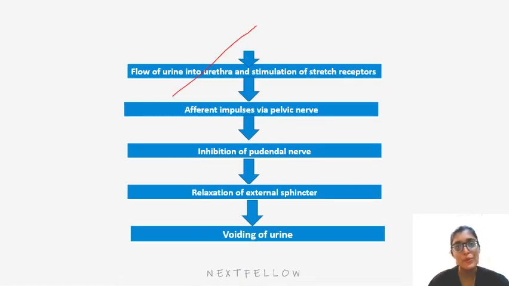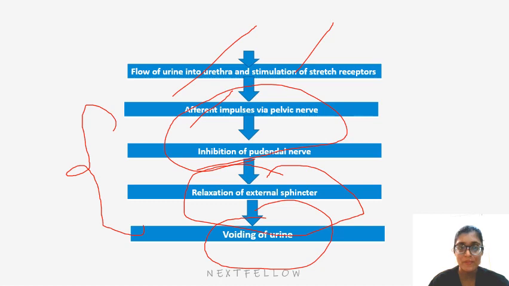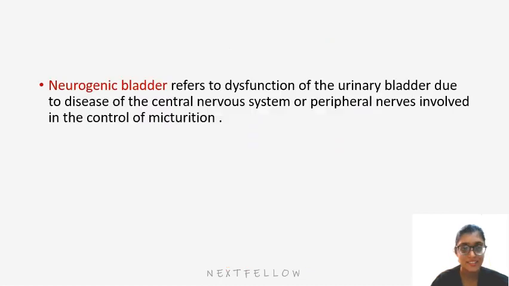So there is flow of urine into the urethra and stimulation of the stretch receptors, which then stimulate the afferent impulses via the pelvic nerve. Then there is inhibition of the pudendal nerve, which causes relaxation of the external sphincter and there is voiding of urine. So this is the voluntary control of micturition. Overall, this is the micturition reflex.